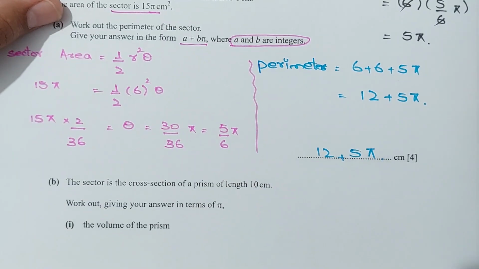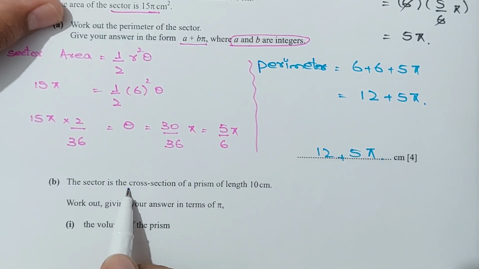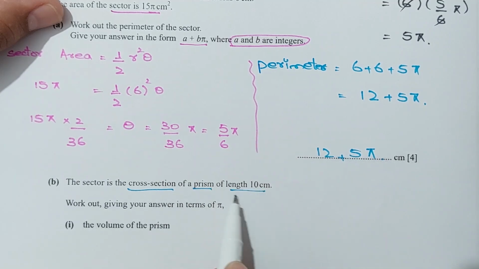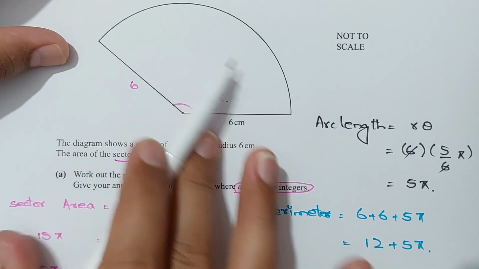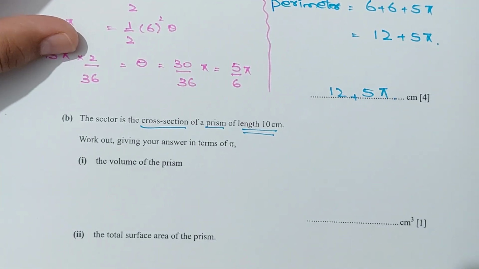Part B, the sector is the cross section of a prism of length 10 centimeter. So this sector is basically a cross section of some prism, and the length of that prism is 10 centimeter. Work out and give your answer in terms of pi. Number 1, the volume of a prism.